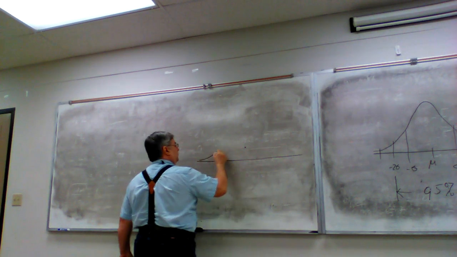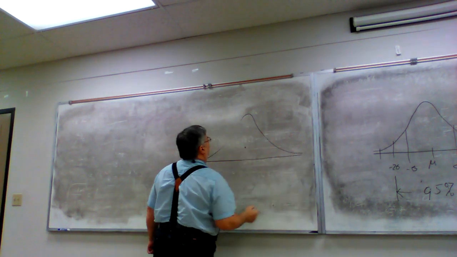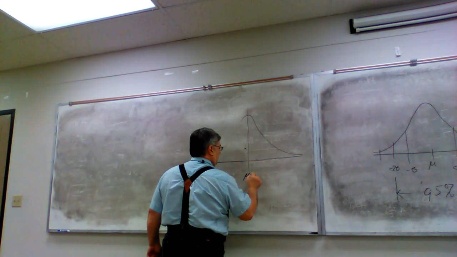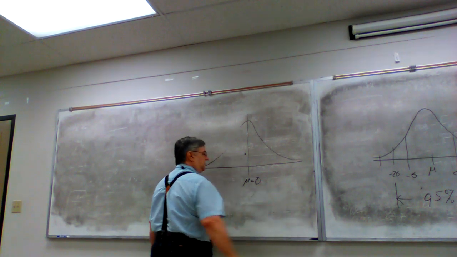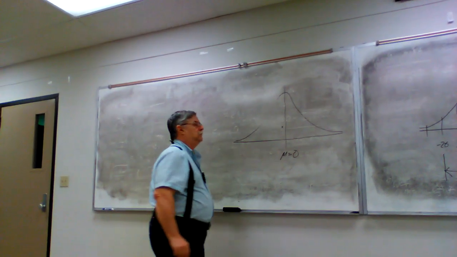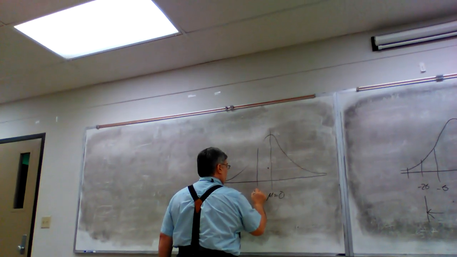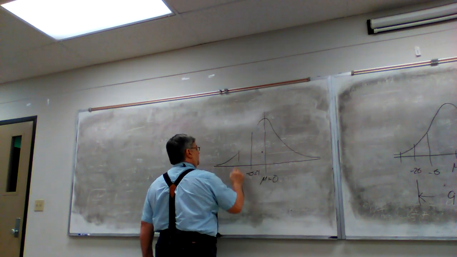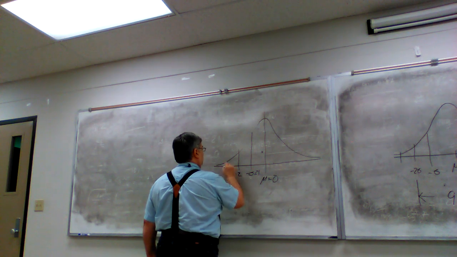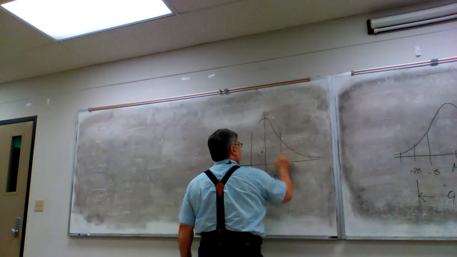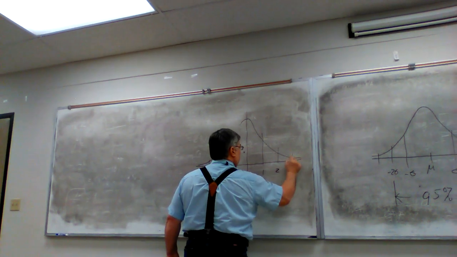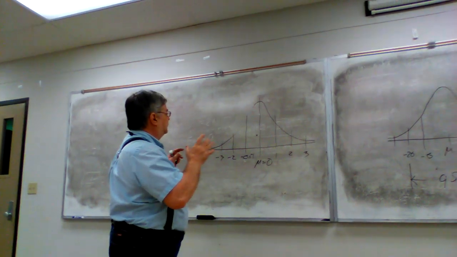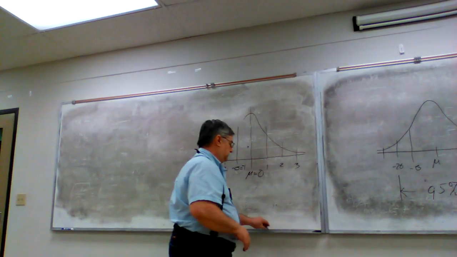The standard normal distribution is also a normal distribution, but one whose mean, by definition, is equal to 0, and whose standard deviation is equal to 1. Right? That is the standard normal distribution.